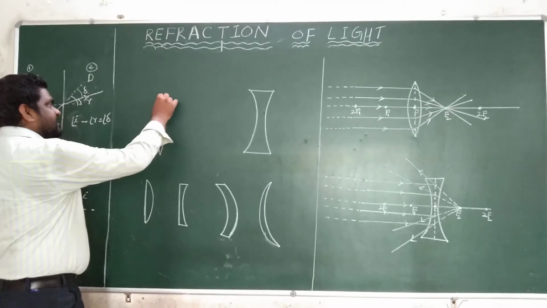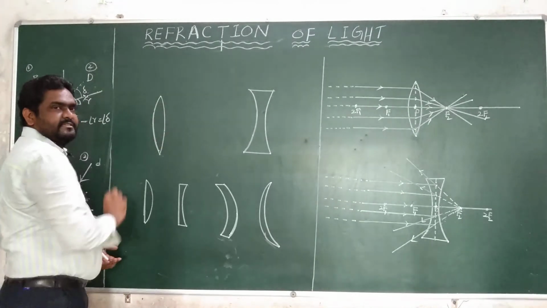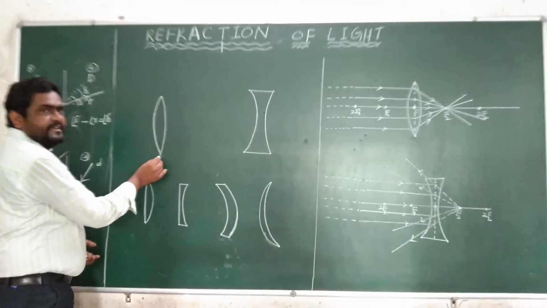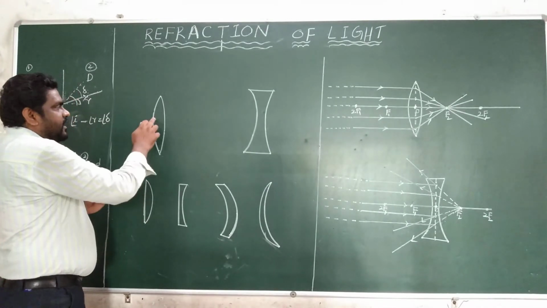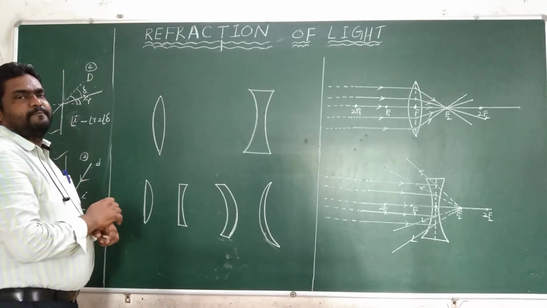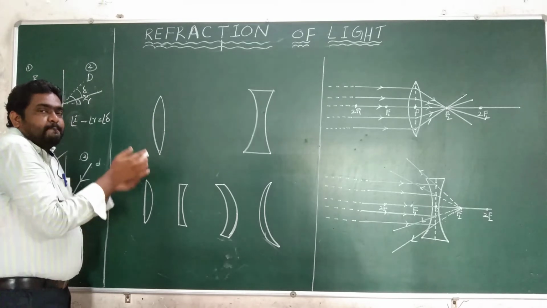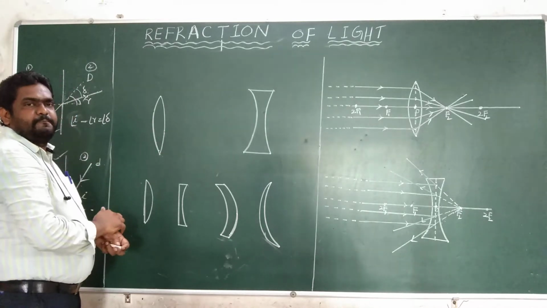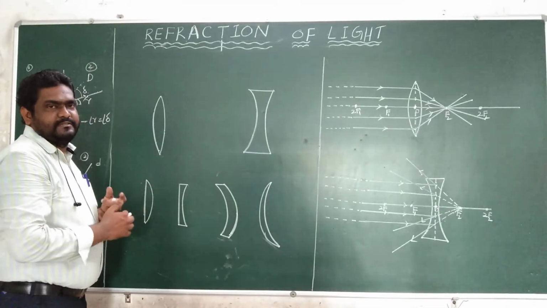See here, this is one curved surface, just like the curved surface we call a convex surface. This is also a convex surface. Two convex surfaces are bound together to form the convex lens. That's why we call this the biconvex lens, simply convex lens.